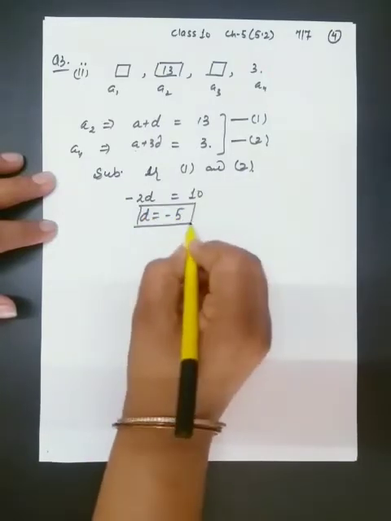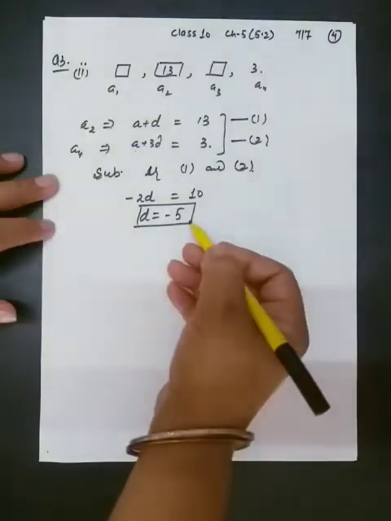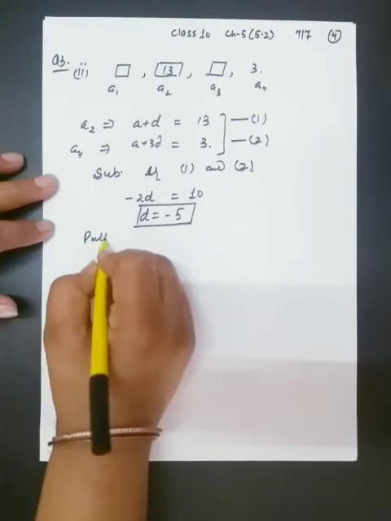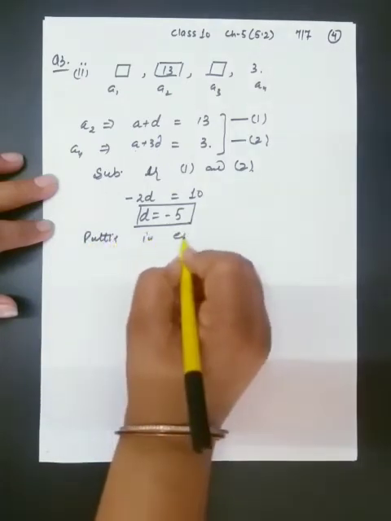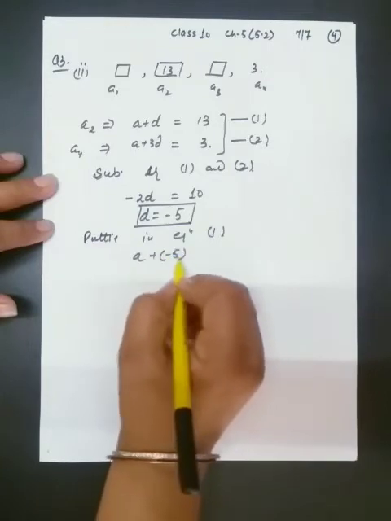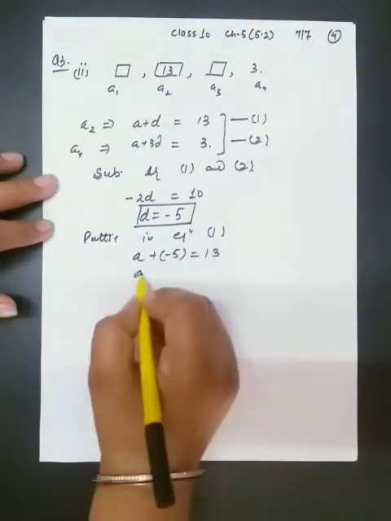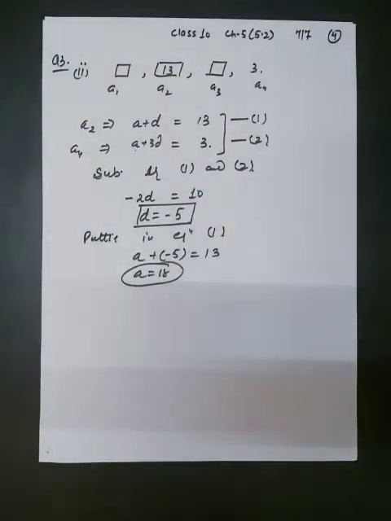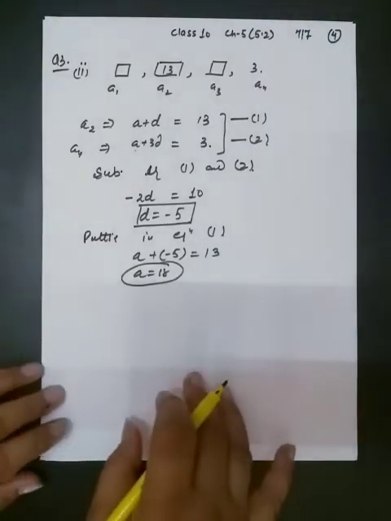Now I have common difference. Now putting this value in equation number 1. This gives you A is 18. Now we know first term and the common difference, so we can find any of the terms of the given AP.